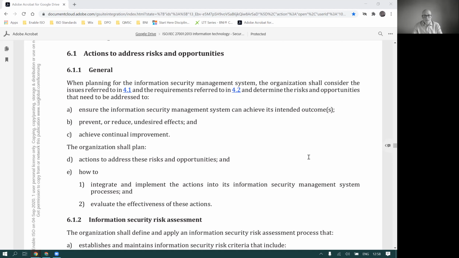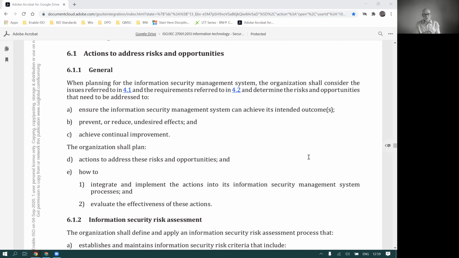The organization shall plan actions to address these risks and opportunities, and how to integrate and implement these actions into the information security management system processes and evaluate the effectiveness of these actions. So just to recap on the 9001 video, largely the criteria is the same.